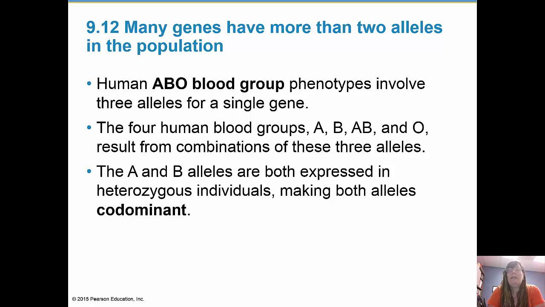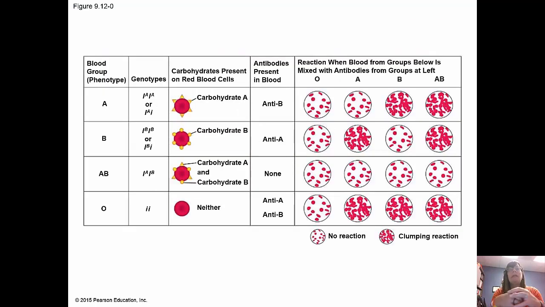So incomplete dominance means you have an intermediate kind of blending of the 2 homozygotes. So like in the hypercholesteremia, you have normal, you have severe, and then you have in the middle. So that's incomplete. Codominant means they're both expressed equally. So on the AB blood type, for example, the A and the B are both expressed.